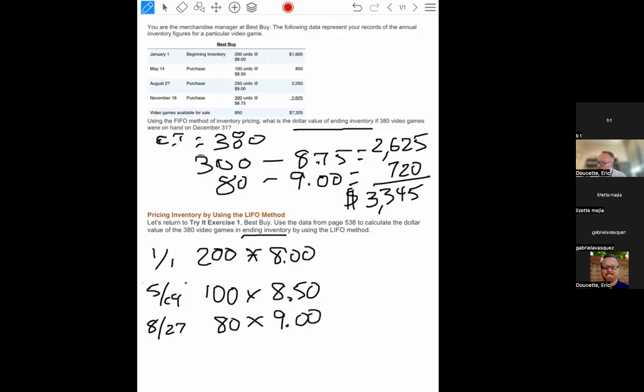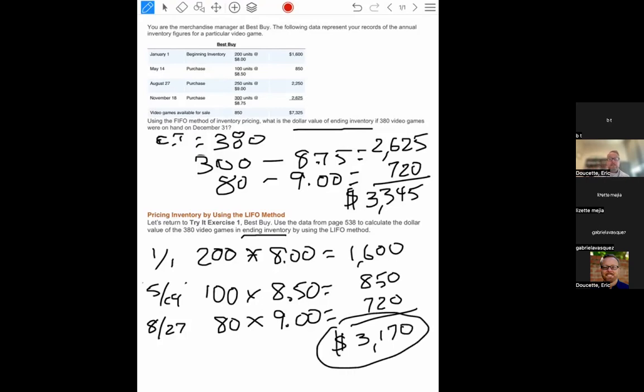If I do the math on each of these, it gives me 1,600 for the first one. And then 100 times 850 is 850. And then 80 times $9 is 720. So altogether I have $3,170 in ending inventory.